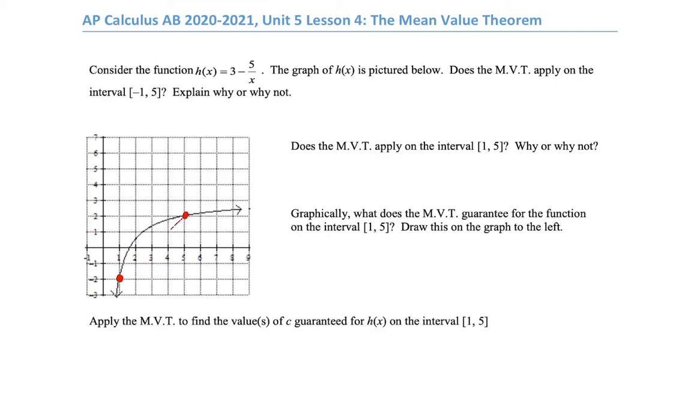So we're basically saying, does the mean value theorem guarantee that there will be a derivative equal to this average rate of change? And so if I were to estimate it here, the average rate of change looks like it would be up 1, 2, 3, 4 over 4. Looks like it would be equal to 4.